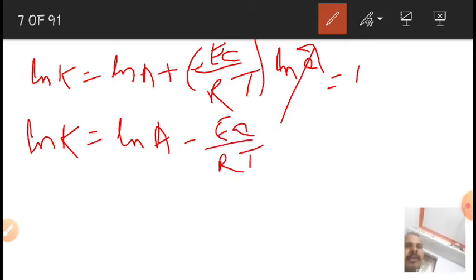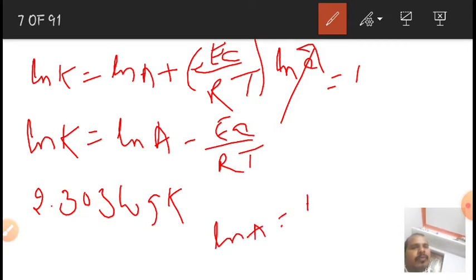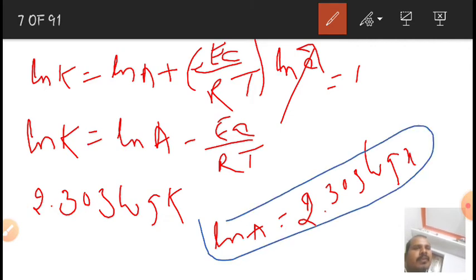Then I am converting this natural logarithm to logarithm base 10. So 2.303 log k. Why? Because ln x is equal to 2.303 log x. This is the relationship between natural logarithm and logarithm.